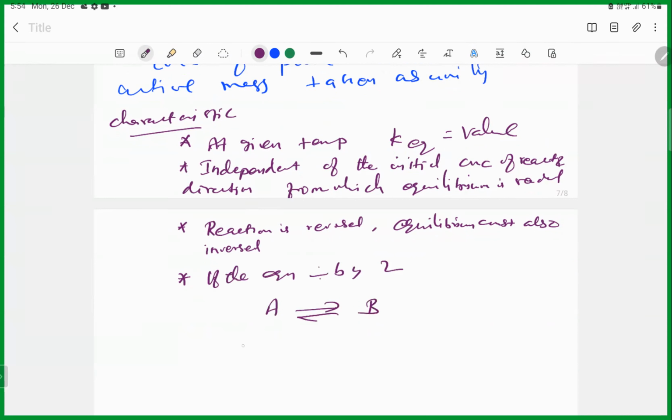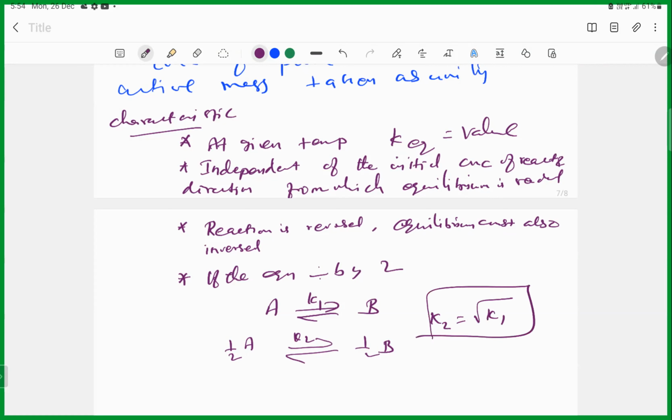Then A by 2, that is 1 by 2 A, gives 1 by 2 B. The new equilibrium constant K2 is equal to root of K1. That is what they are mentioning. So always, if you are dividing by 2, it's a square root. Okay?